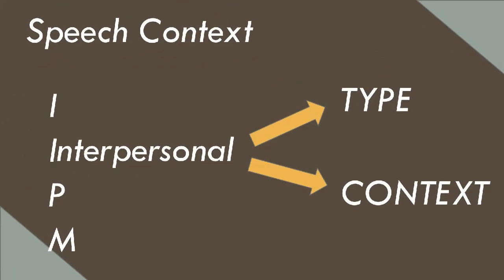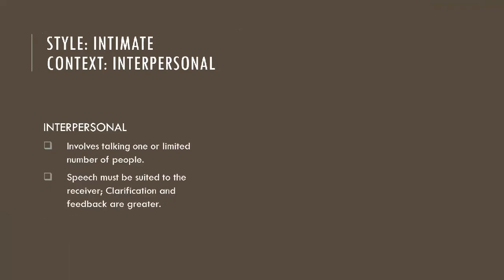The next speech context is interpersonal. There are two types for this context. Each type is given a respective style. The second style and context are intimate and interpersonal. Interpersonal, meaning between or among others. It involves talking to one or limited number of people.